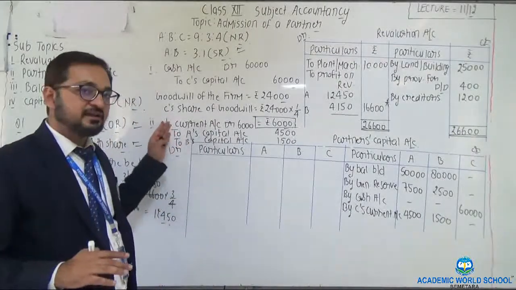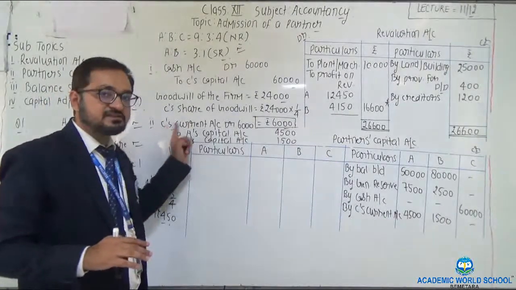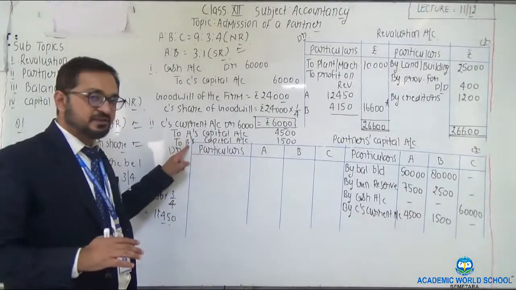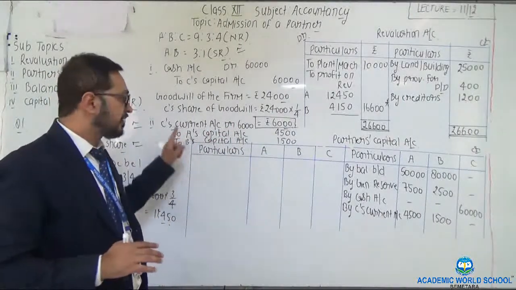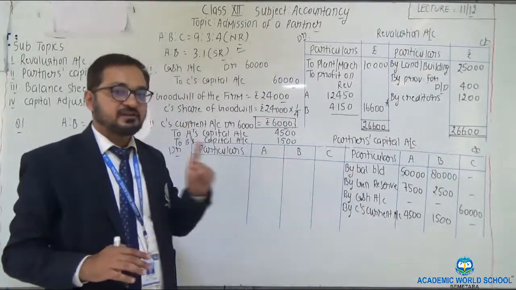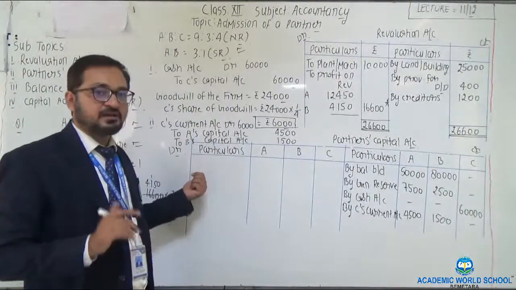Here the entry is the same, C to A to B, but here C's current account is debited, not his capital account, and A and B's capital accounts are credited, and we are preparing capital accounts only. So this entry is to be placed at one place only, not on the debit side by writing "To A, to B". Is this clear?